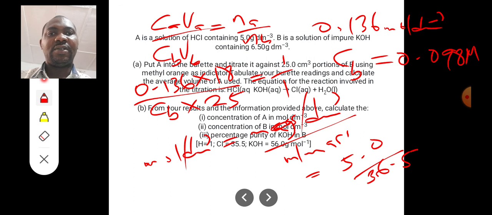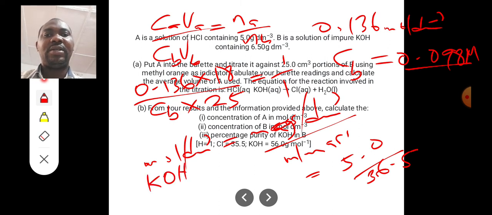The next question says percentage purity. Now that we found the concentration of base in mole per dm cube, we can find the concentration of base in mass per dm cube. How do we get that? We multiply by the molar mass. The molar mass of potassium hydroxide: potassium is 39, oxygen is 16, hydrogen is 1. So that will be 55 plus 1, that's 56.